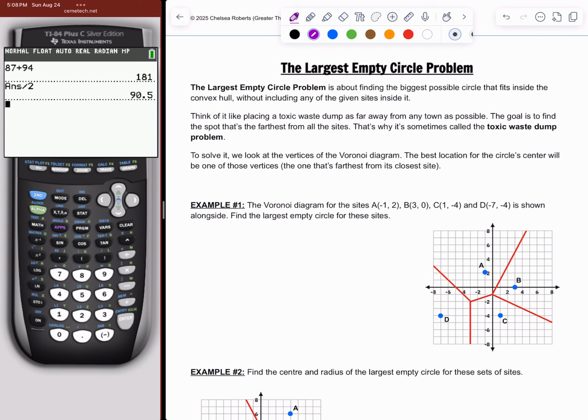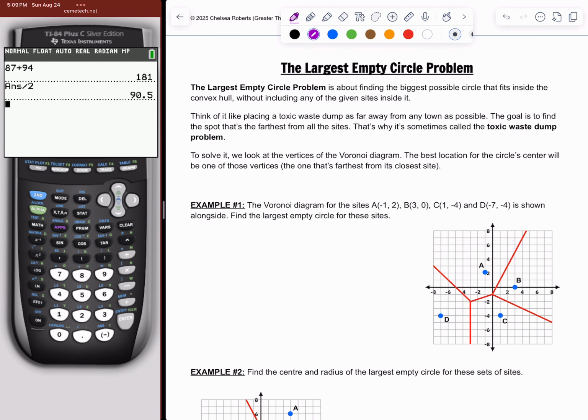So what you will realize with a Voronoi diagram is that the center of your circle has to occur at a vertex in your Voronoi diagram. So basically, you have to compare your vertices to a point that is equidistant.